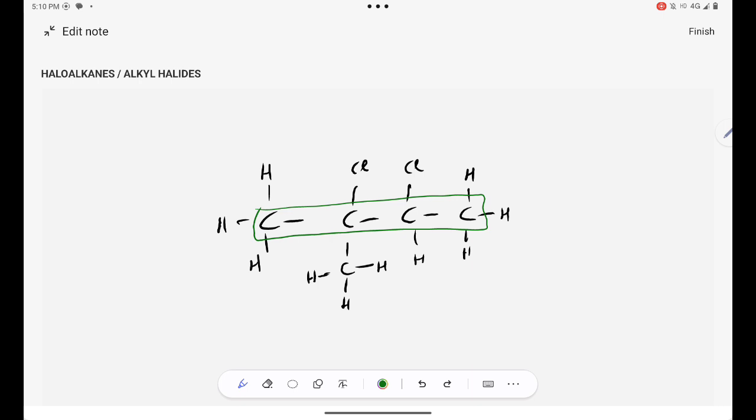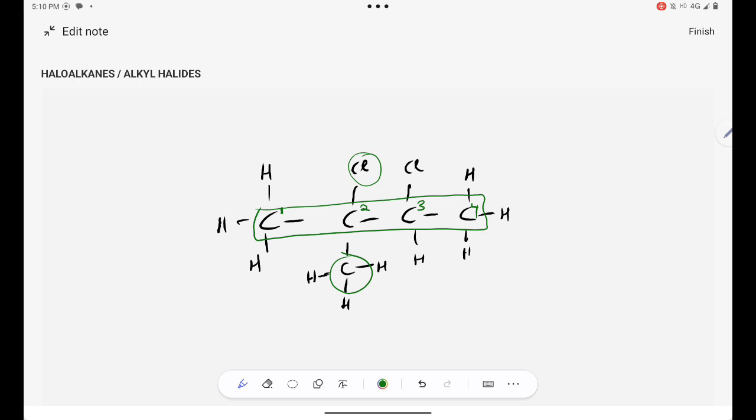Are you together? If you start counting from the right going to the left, if this is carbon number 2, at carbon number 3 we have more things happening as compared to carbon number 2. But if you start counting from the left going to the right, it would make more sense, because at carbon number 2 there are more things added to the main compound as compared to when we start counting from the right.